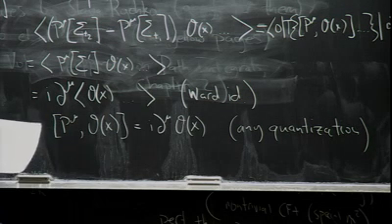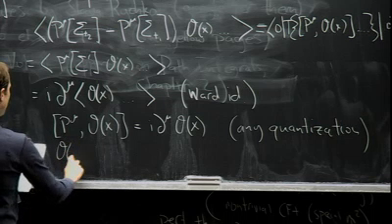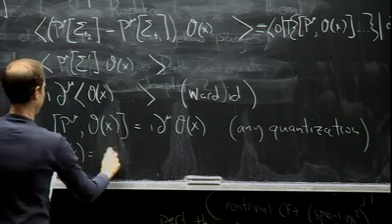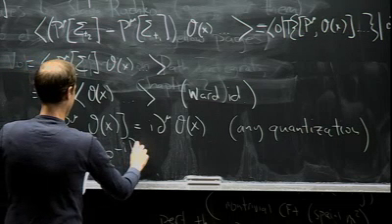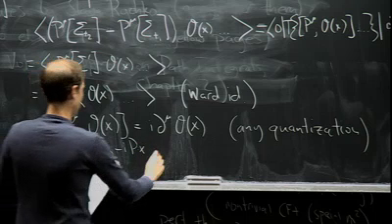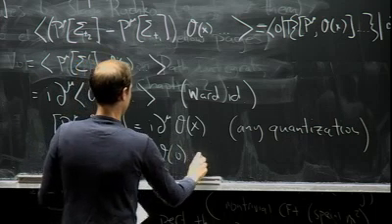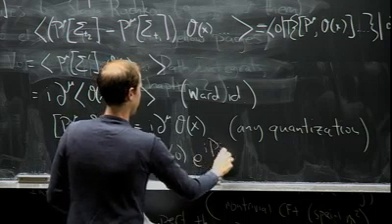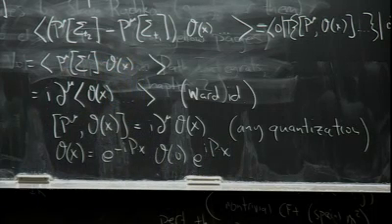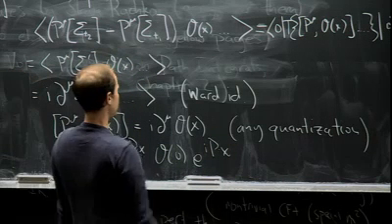This equation can be integrated to give O of x is e to the minus i p x, O of 0, e to the i p dot x. And this is also true in any quantization of the theory.